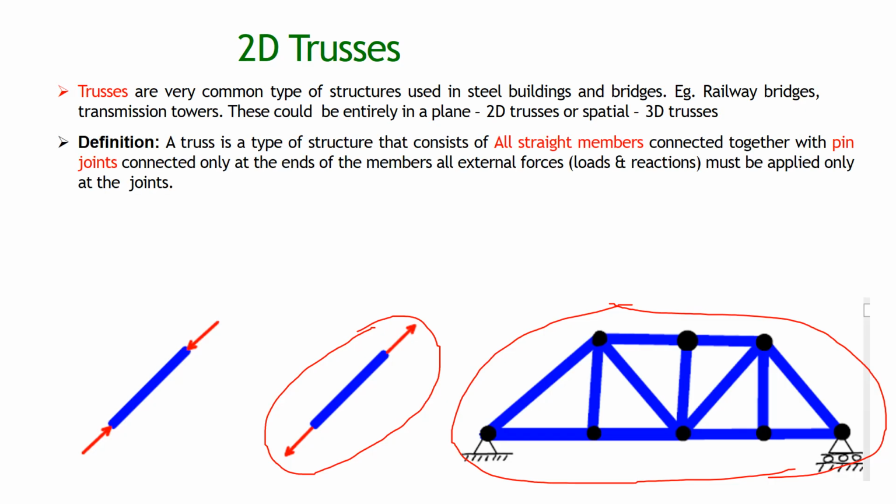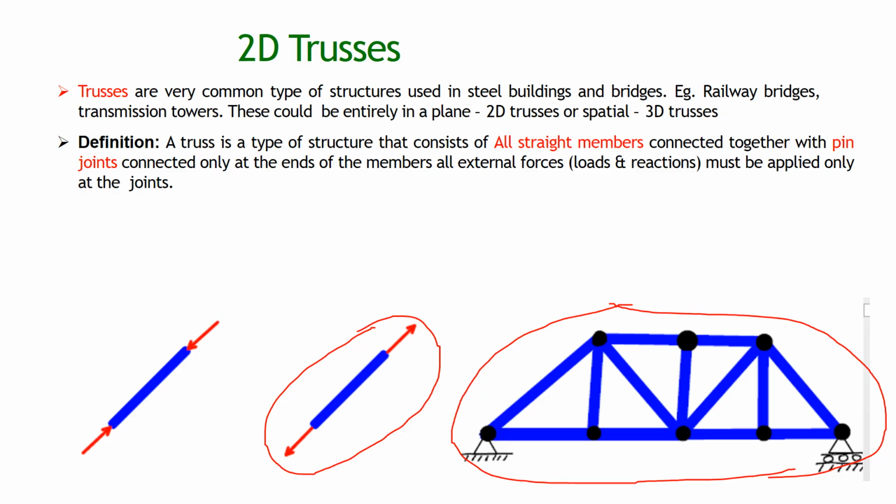The definition of a truss we already defined. This is a structure that consists of straight members connected together with pin joints, and it carries the loads. One more important point is that for truss members, the area is negligible when compared with the loads, because these truss members carry heavy loads.